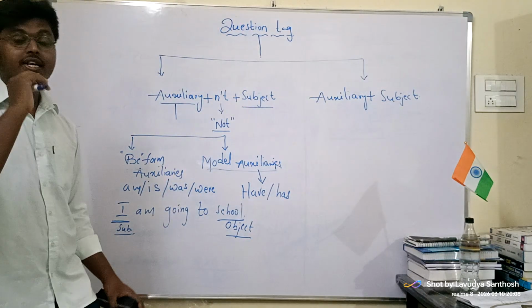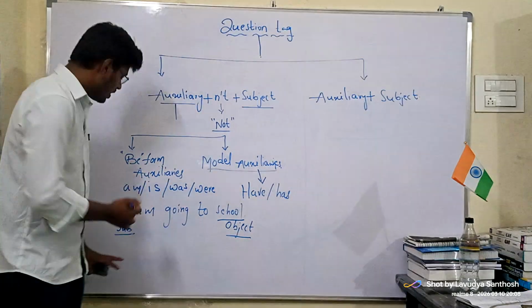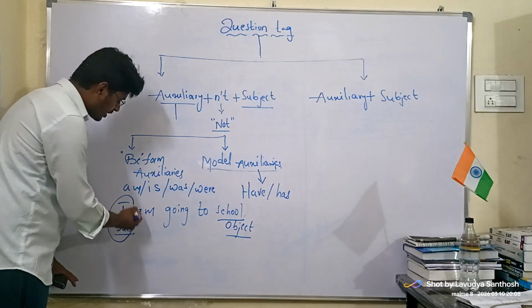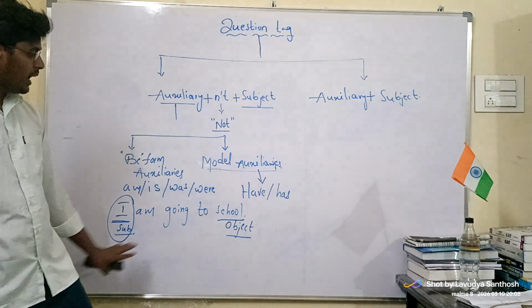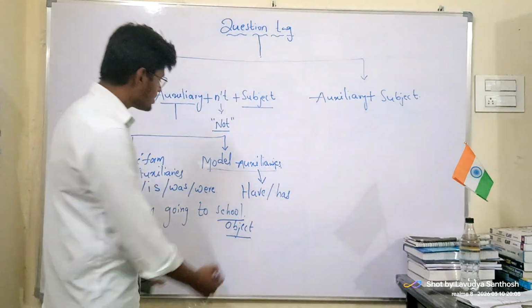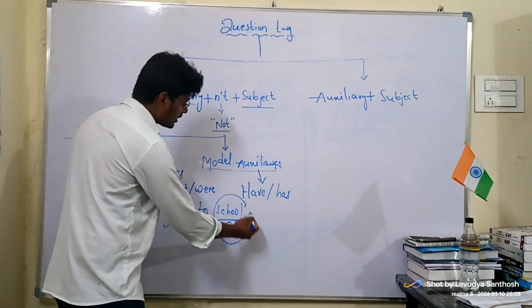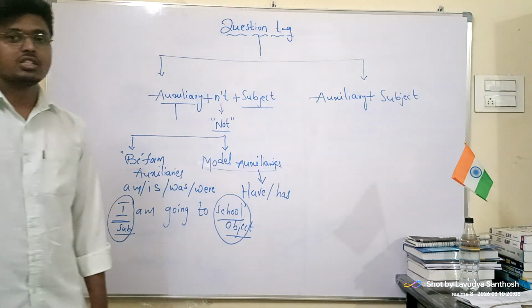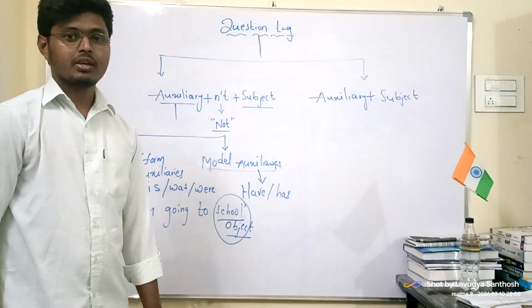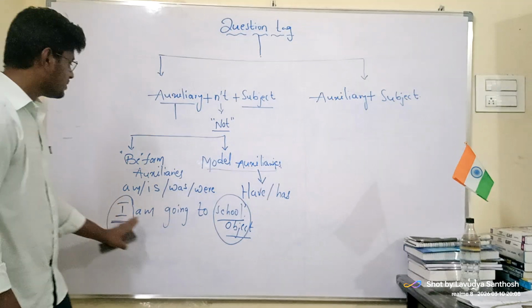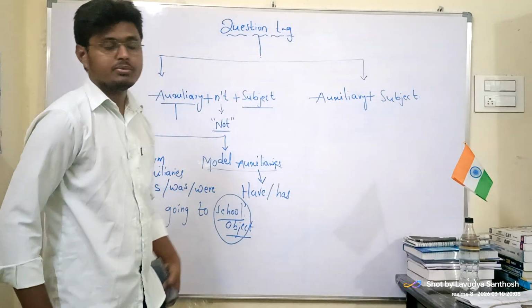For your understanding, remember this: the subject does the work, it is in motion, and school is in a constant position, it can't be movable. Just remember that. Now this is the subject and this is the object.